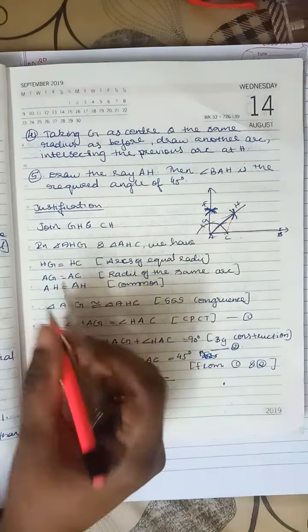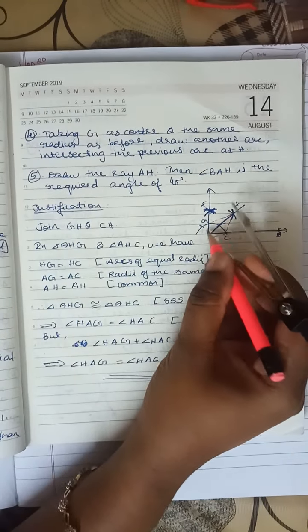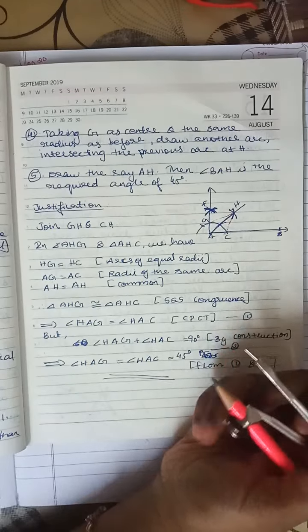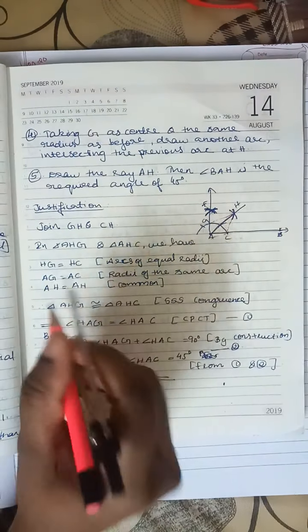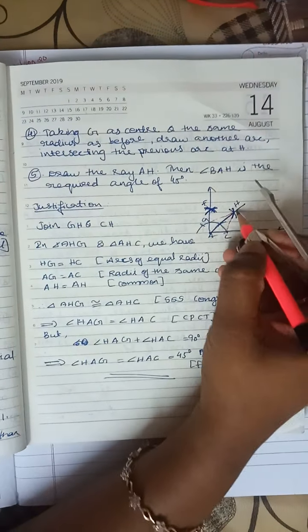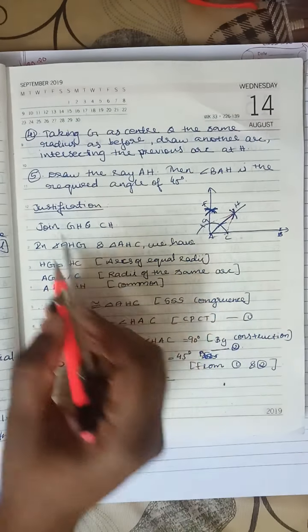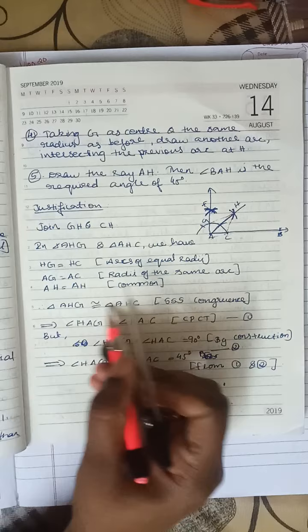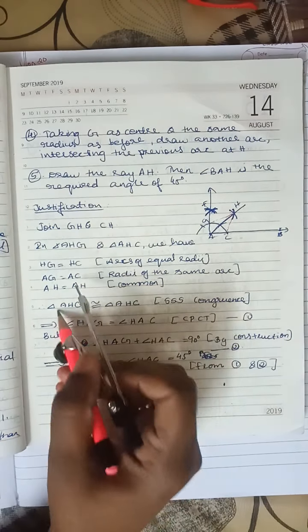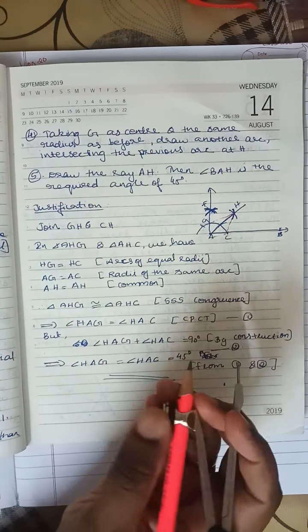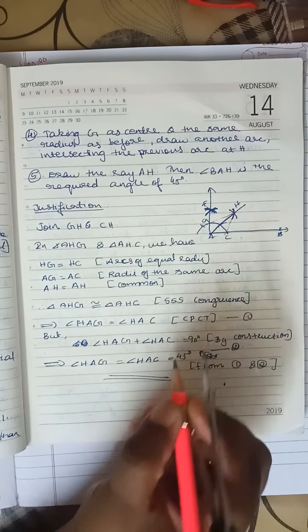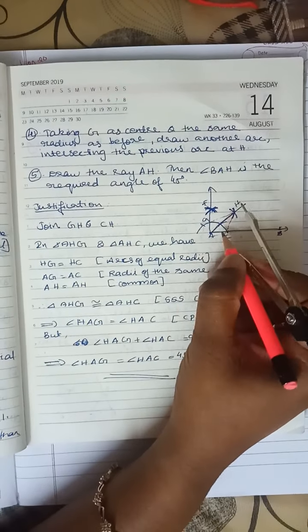Next, AG is equal to AC, radius of the same arc. Again, AH is a common side, so AH equals AH. By the SSS criterion, these two triangles are congruent. Then by CPCT, corresponding parts of congruent triangles, we can equate their corresponding angles.